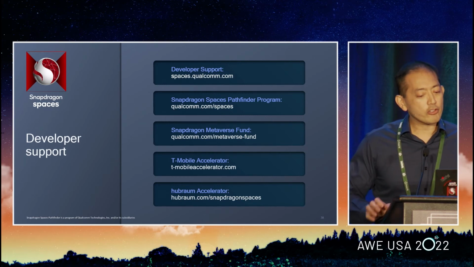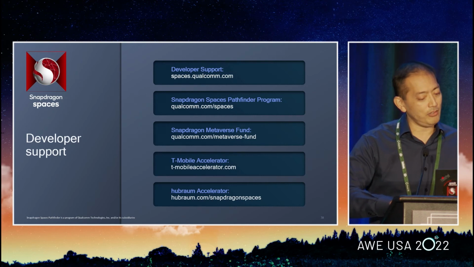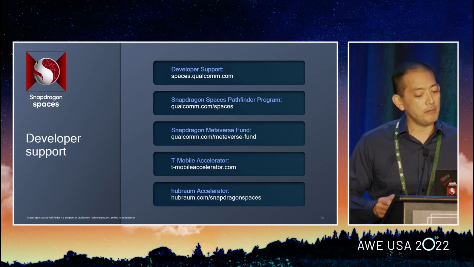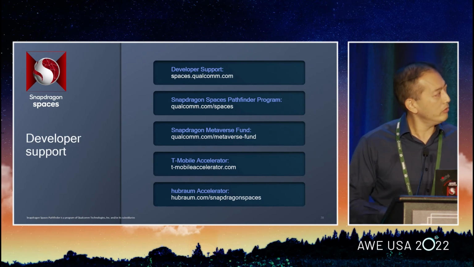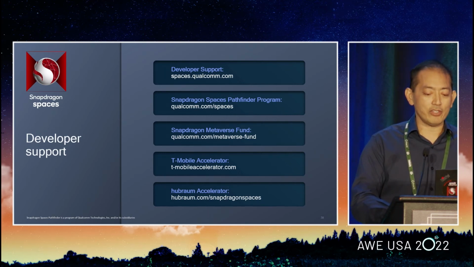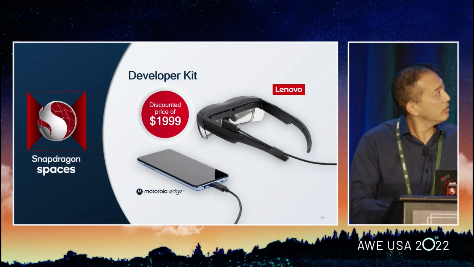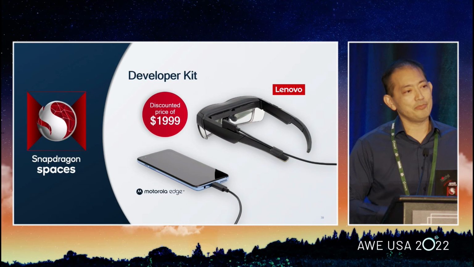Finally, as far as encouraging development in these early days, I'd like to announce here that the price for these, for the phone and the glasses, is roughly $24.50 MSRP. But thanks to Motorola and Lenovo, we're able to offer these dev kits to developers at a discounted price of $19.99.